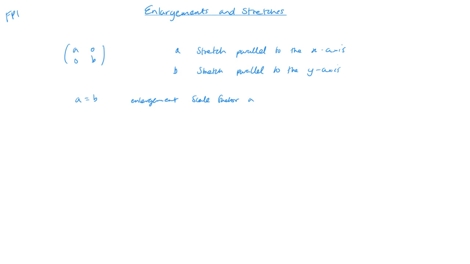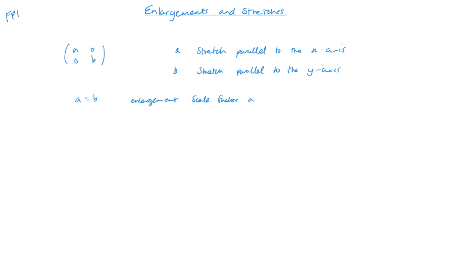Now, in terms of invariant lines and invariant points, you just have to think these through. The one that's always an invariant point is the origin. The x-axis and the y-axis will be invariant lines, but they won't be invariant points on those lines.